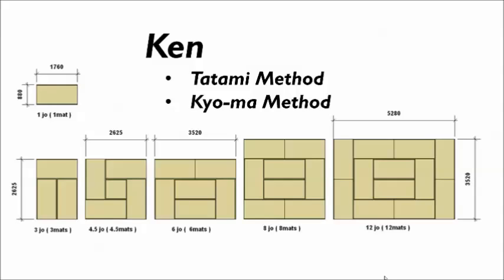The proportion is basically 1:2, meaning the width is half the length, or the length is twice the width. However you measure it, it's roughly 3 feet by 6 feet, but it's 3 by 6 shaku. That's the measuring unit.